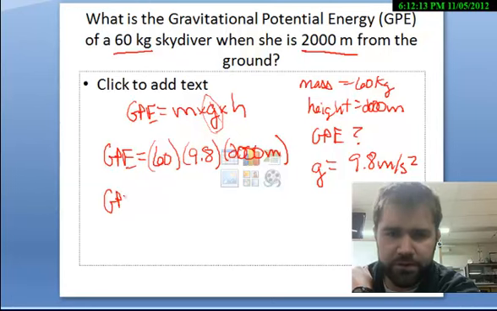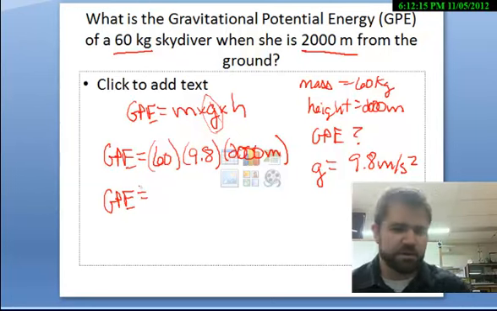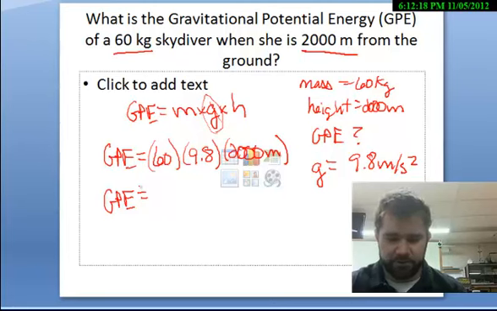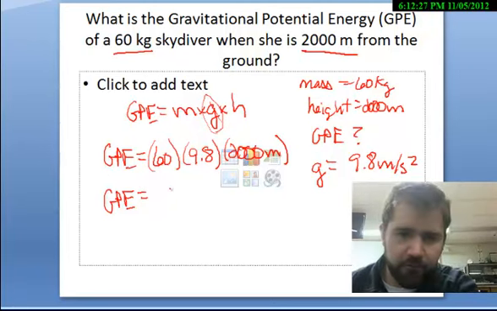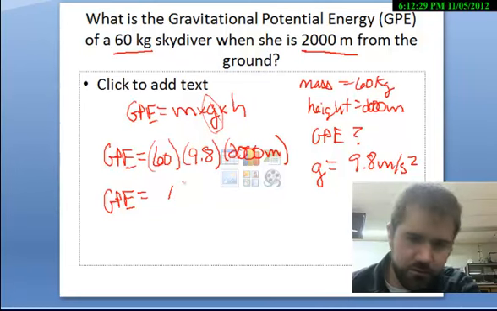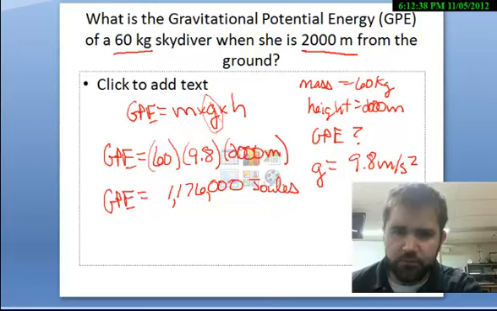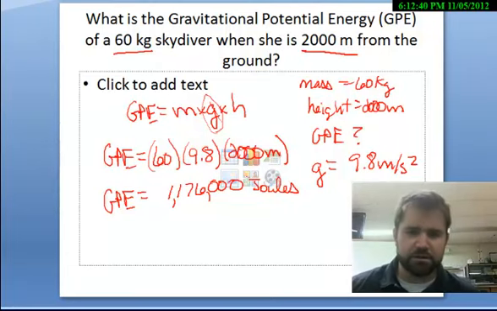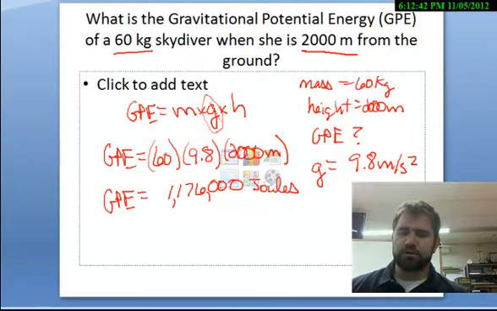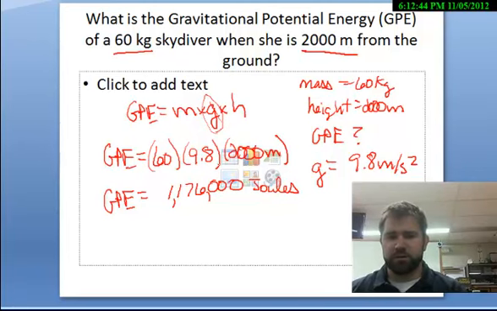Therefore, gravitational potential energy is equal to 60, type it in my calculator here, times 9.8 times 2,000 equals 1,176,000 joules, which, remember, a joule is a kilogram meter per second squared.